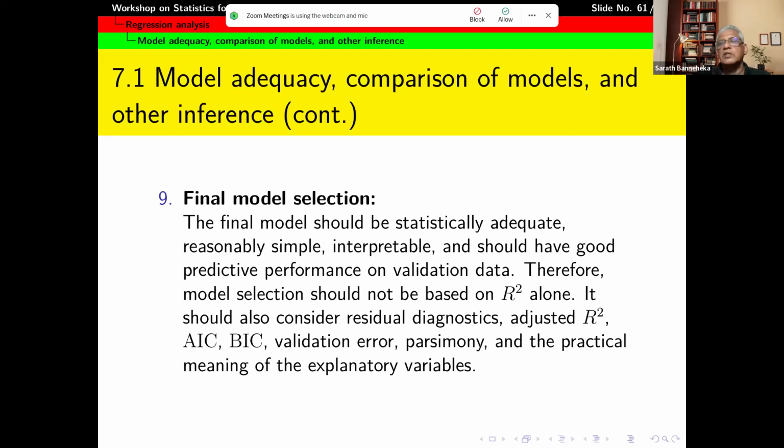So there are so many criteria to look at when you are selecting a final model, because you are going to use this model practically anyway. These things are not done for fun. Usually you have to spend some money to get the data, and then substitute the data into the model and get the predicted values and so on.